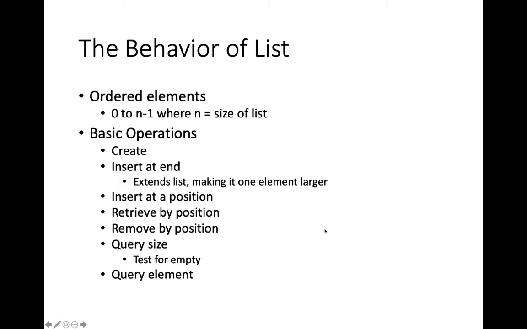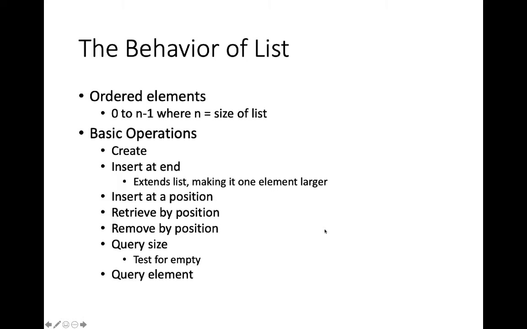Those are all implementation-specific details of an implementation of a list as an abstract data type. So list is probably the very first and oldest data structure in computer science.